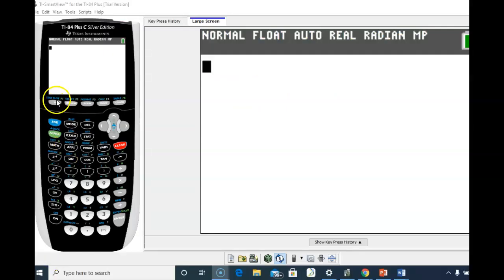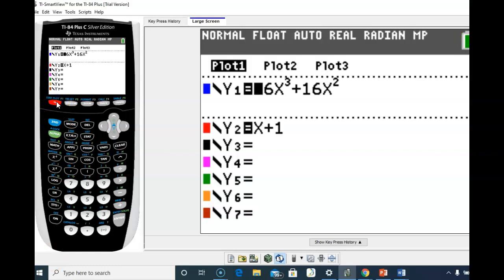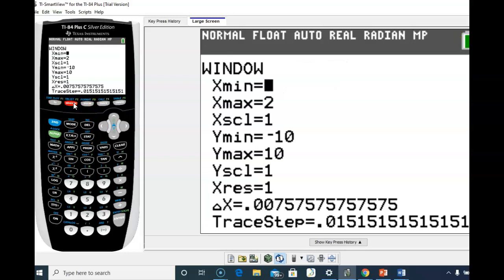Okay, on this next one, you want to put your 2 equations in. So we've got 16x to the third plus 16x squared for y1, and for y2 we've got x plus 1. We want to do zoom standard and then go in and change our x min and x max.